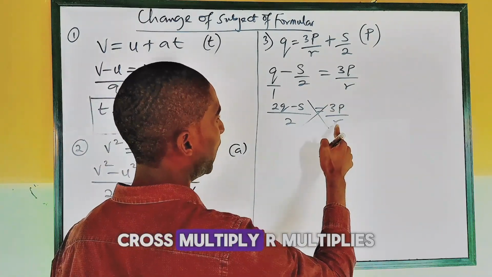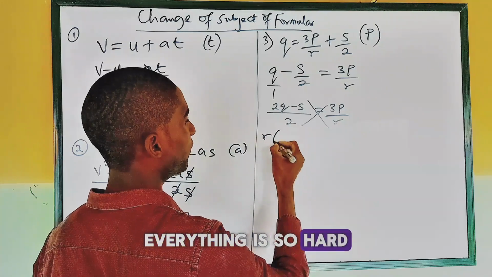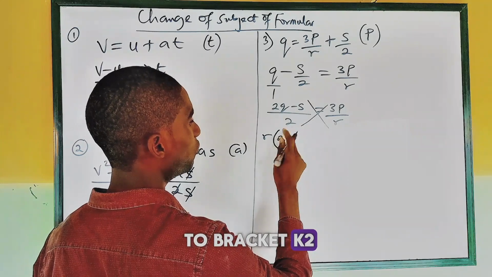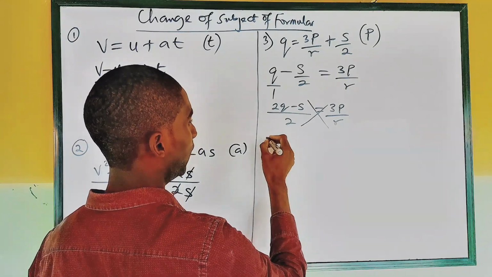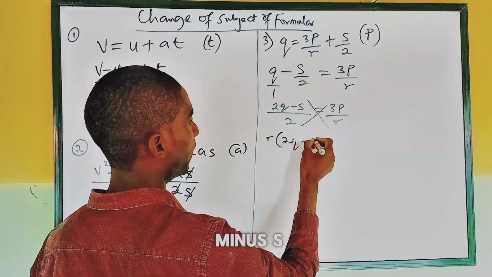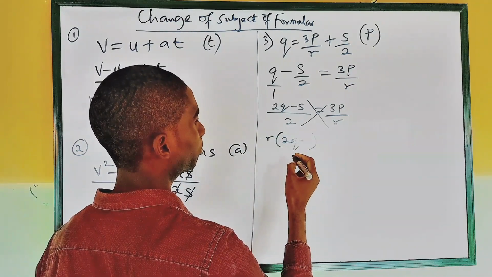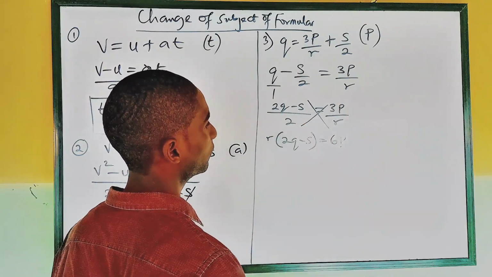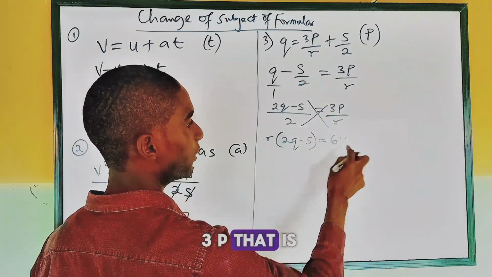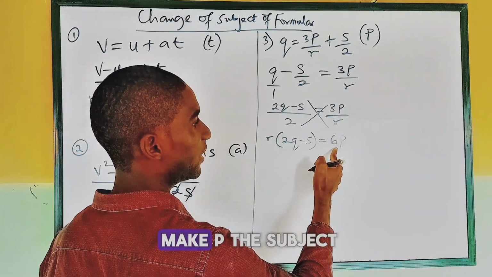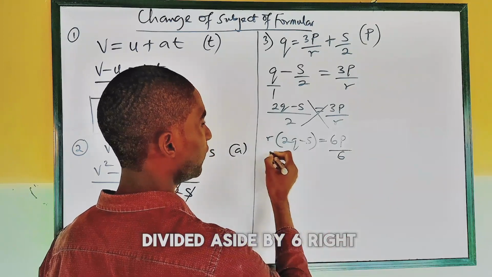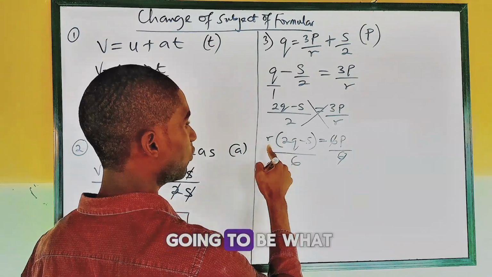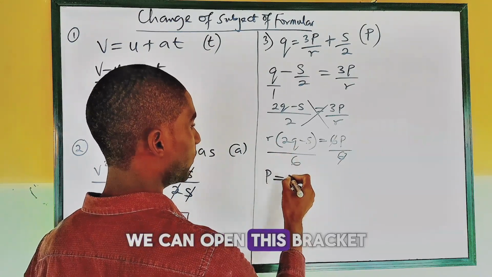When we cross multiply, R multiplies everything here, so R into bracket 2Q minus S equals 6P. That is 2 times 3P, that is 6P. And we want to make P the subject, so divide both sides by 6. This cancels this. So your P is going to be what? You can open this bracket.